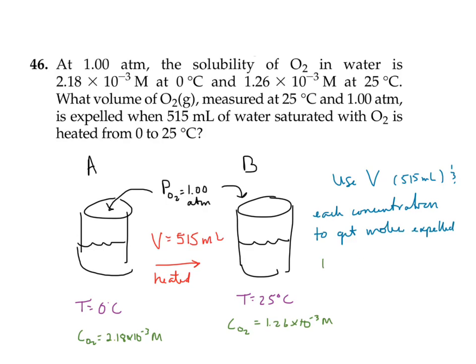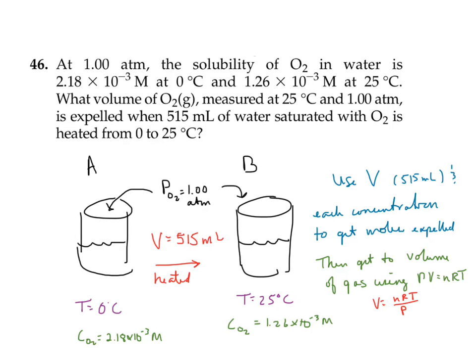So basically what I would do is use that 515 and the concentration to get moles here, 515 of this concentration to get moles here, okay? Of course you have more moles at the lower temperature because the solubility decreases with increasing temperature. Once you have moles, get the change in moles by subtracting, okay?